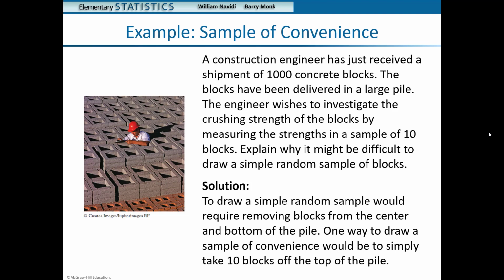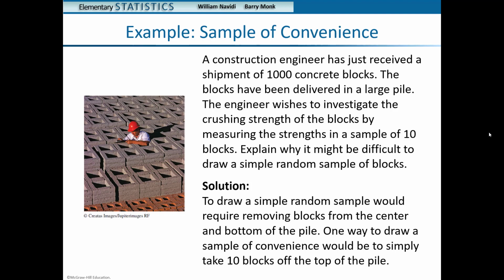Instead, we would simply select 10 blocks from the top of the pile as our sample, right? And we refer to that as a sample of convenience, right? Because really the only blocks eligible to be included in the sample are those on the top, not the ones in the center or the bottom.